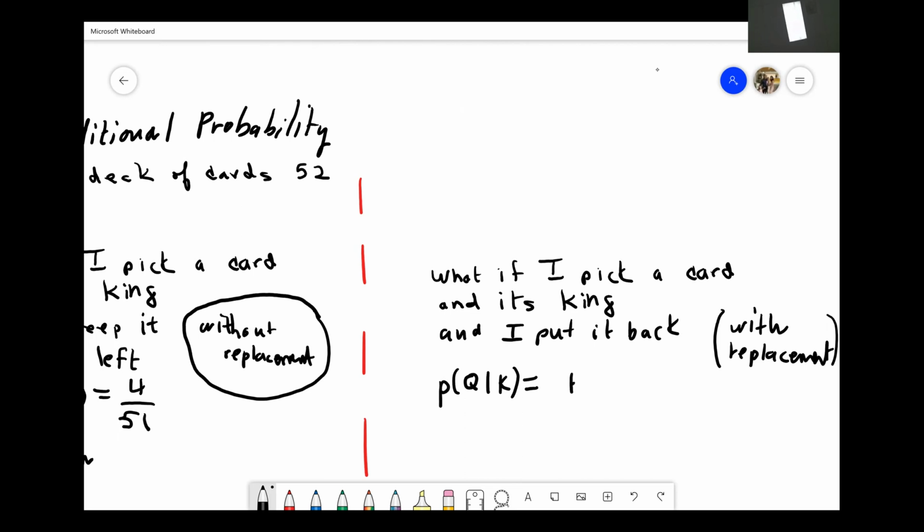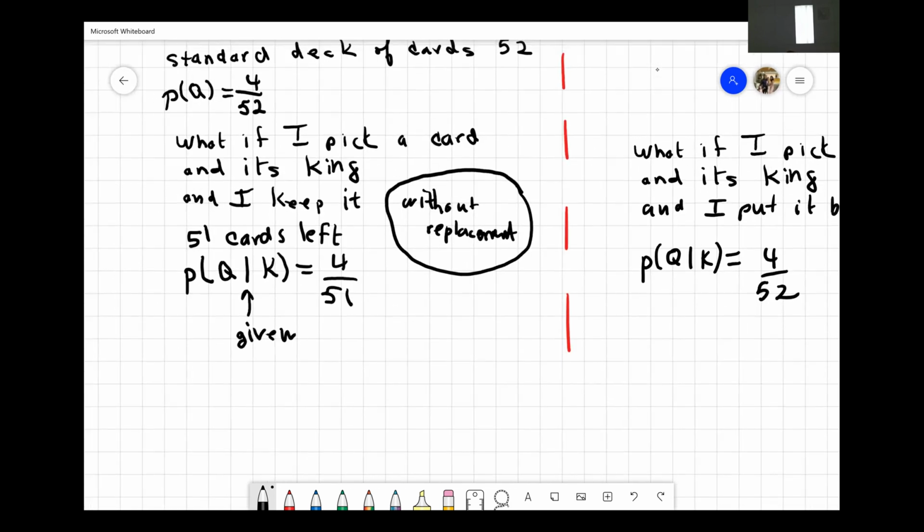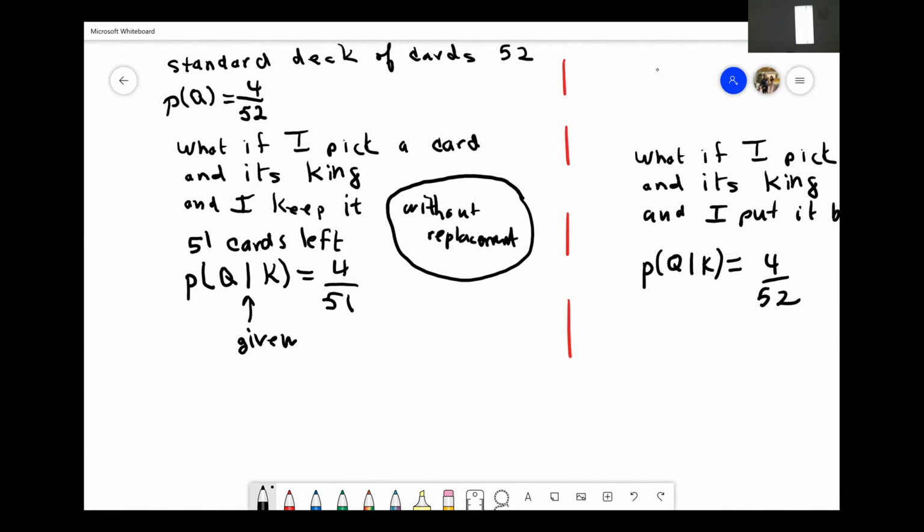4 out of? In this case, we still have a conditional probability, but in the case on the left, events king and queen were dependent.